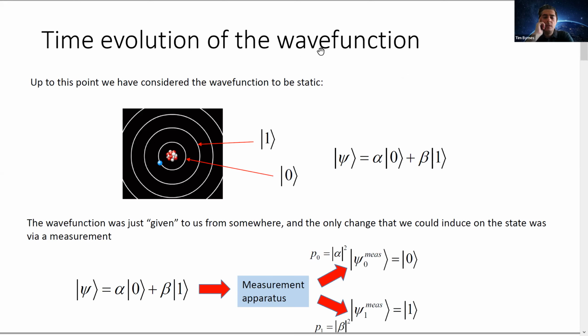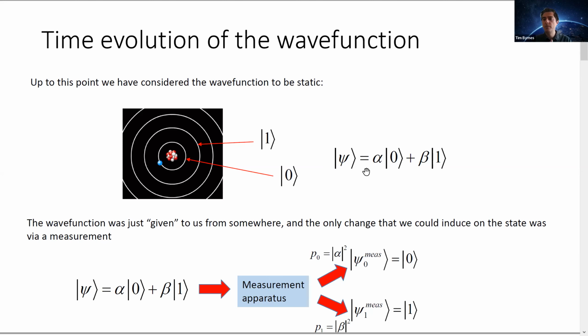So what is this Schrodinger equation about? Basically, it's all about time evolution. Up until this point, we've considered the wave function to be not changing in time. Time has never entered into anything that we've talked about.